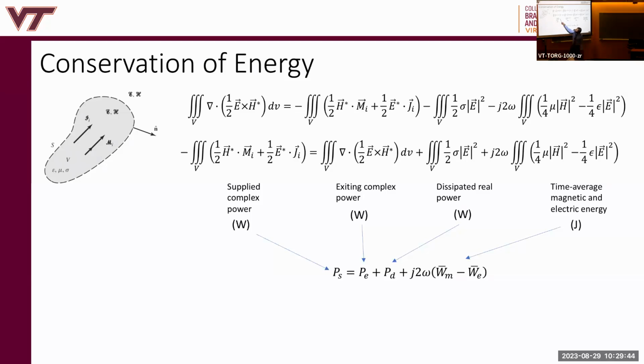The power supplied by J and M is distributed in these different components, right? The power I supply by the source in the medium either exits the medium, or gets dissipated in the medium, or leads to stored energy in the medium, like in capacitive inductance. So that it's accounting, right?